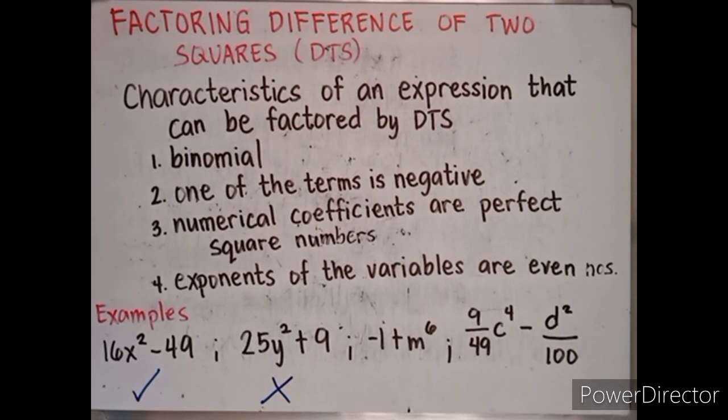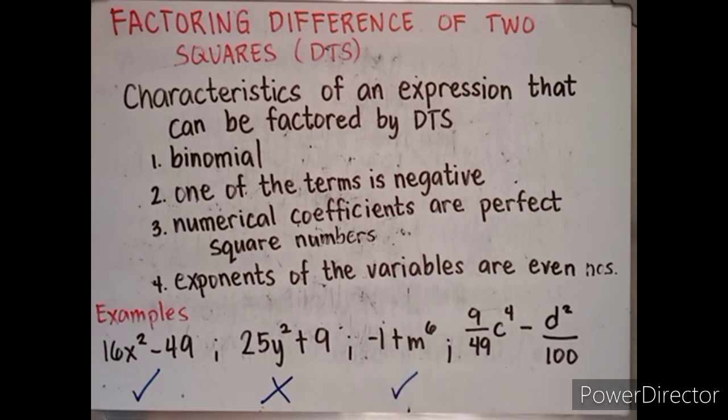For the third one, negative 1 plus m to the 6. Let's see. It's a binomial. Yung isa naman sa kanila, negative naman itong nasa harapan. Kahit na positive to, meron pa rin naman tayong negative. Tapos, numerical coefficient ay 1. Ito, 1 din. So, that is a perfect square number. And m to the 6 is an even number. So, yung 6 ay even number.